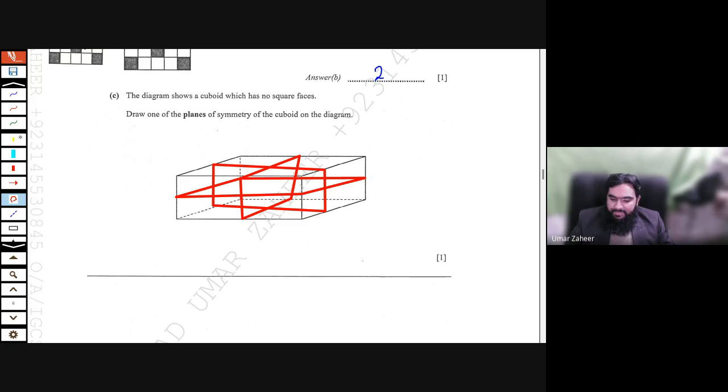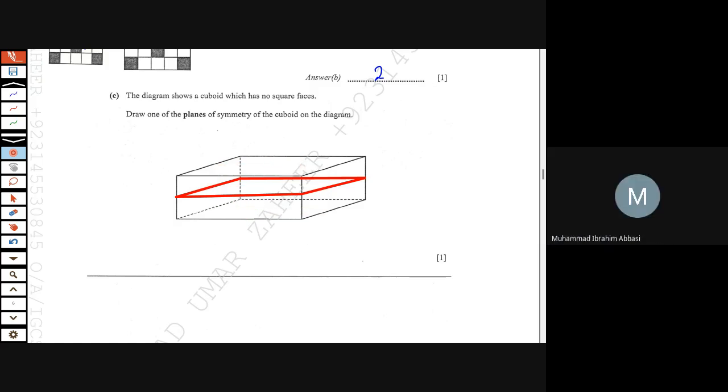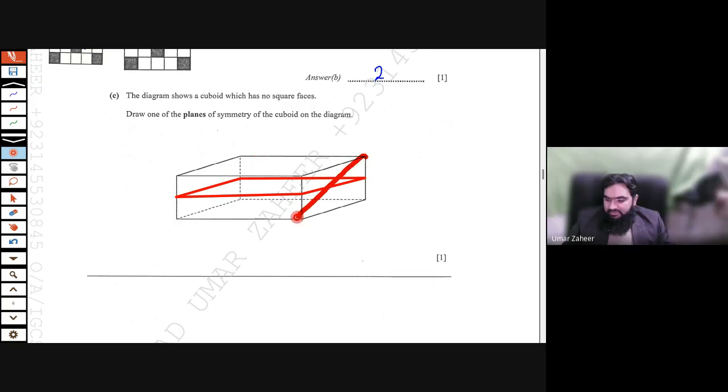All right, because this rectangle is divided into left and right halves, it is going to be divided into front and back halves, and it will be divided into top and bottom halves. You cannot take the diagonal because it's a rectangle.